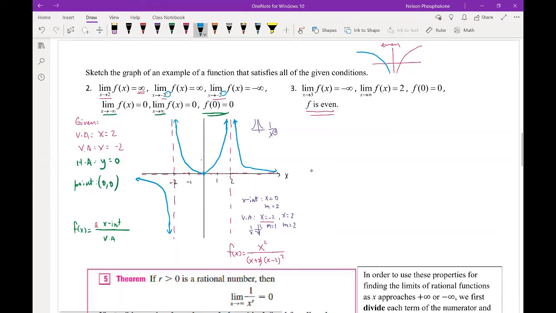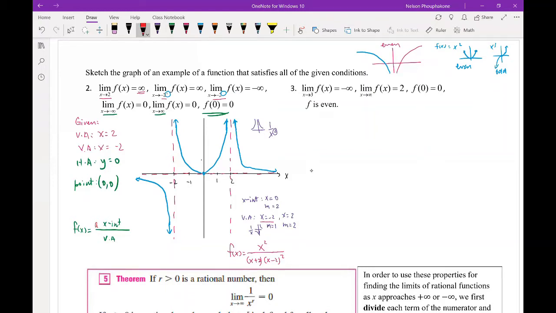For example, f of x equal to x squared, then you will see that the graph looks like this. Of course, if it is odd, like x to the power 3, then it is symmetric with respect to the origin, like this. So this is the odd function with respect to the origin. Even functions are with respect to the y-axis. So this actually gives you a hint to do number 3.